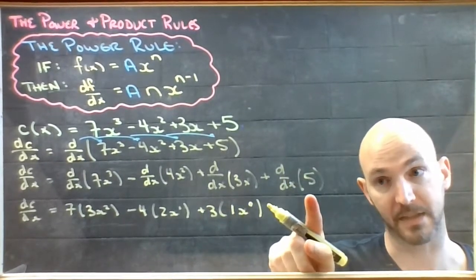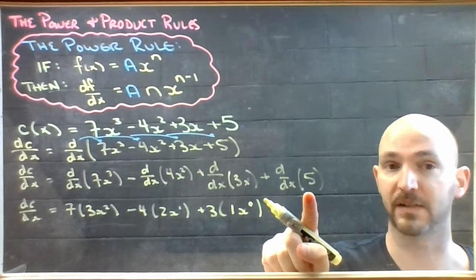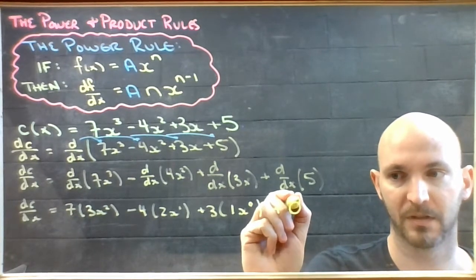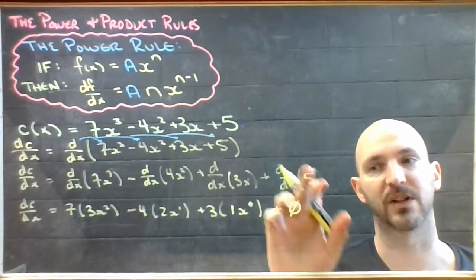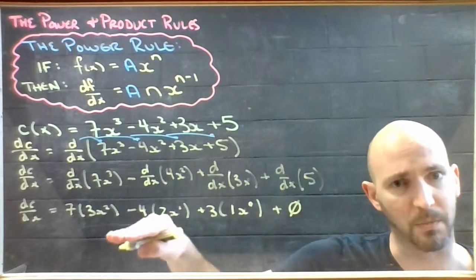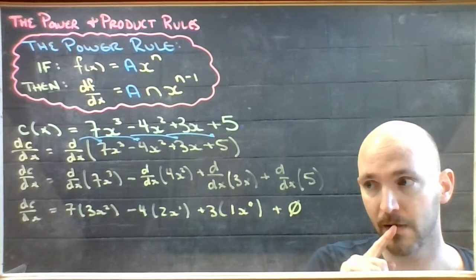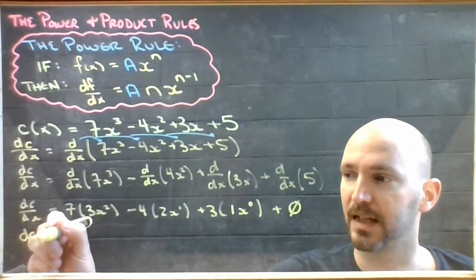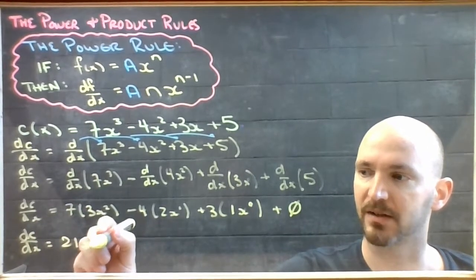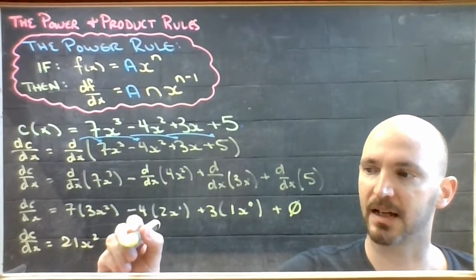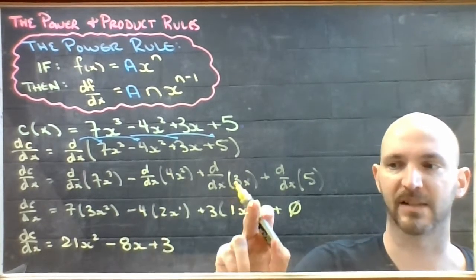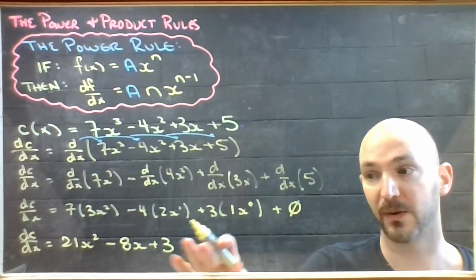Now that's a constant. There's just a number. There's no x involved. So the derivative of this thing is 0. Right? You ask yourself, how is this changing? Or what's the slope of 5? 5 doesn't change. 5 doesn't have a slope. It's just flat. So it's gone. dc dx then, 7 times 3 is 21x squared minus 8x plus 3. The x to the 0 I don't really need. So there's my derivative.